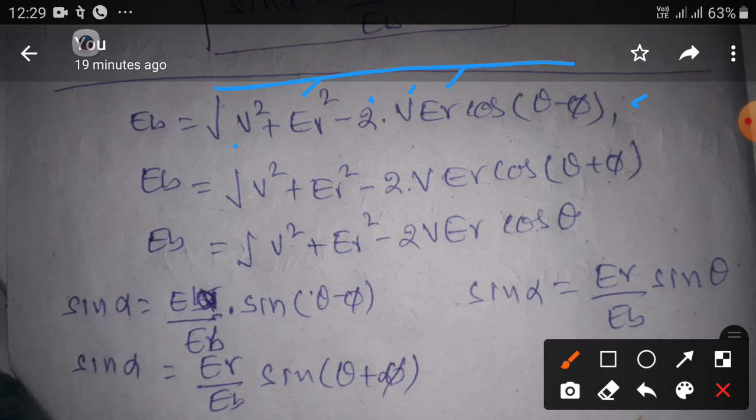By applying the cosine rule in this underexcitation condition, we get EB, the back EMF, and at the same time sin alpha is equal to ER by EB into sin theta minus phi.